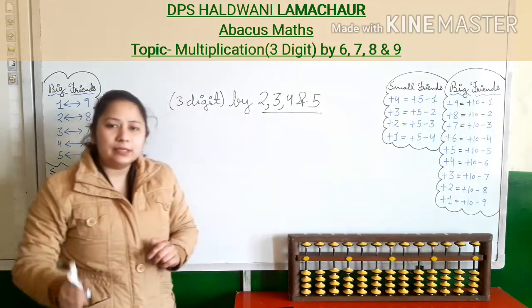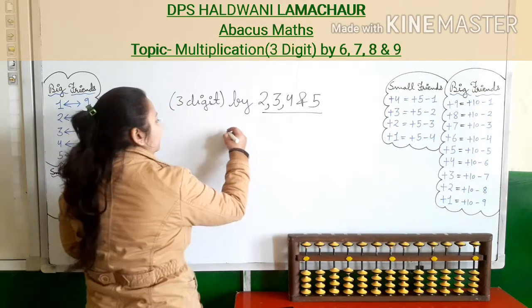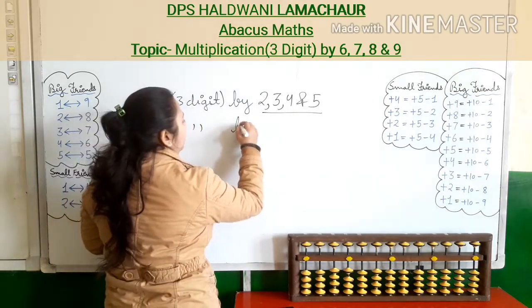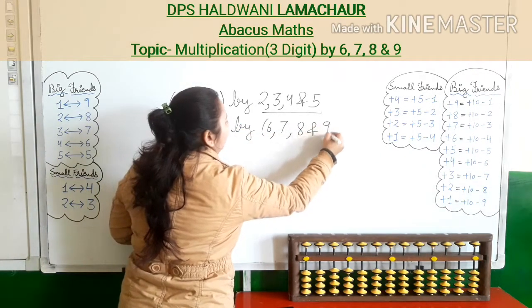Now today we will learn how to multiply a 3-digit number by 6, 7, 8 and 9.